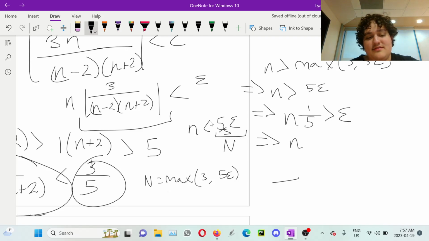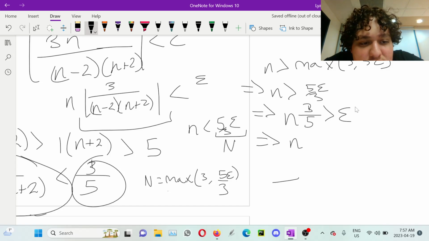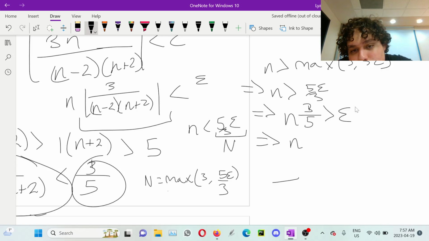Although, I guess 5 is fine, but whatever. Okay. It was an upper bound. We need a lower bound, no? My logic is that, no. I see.